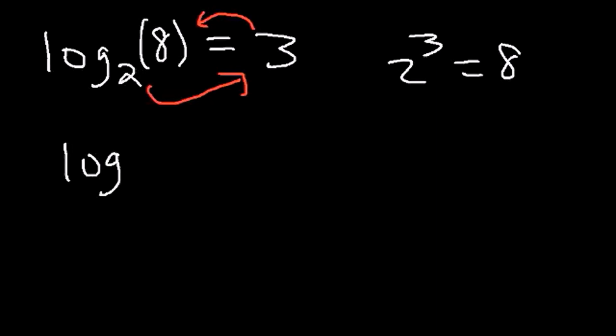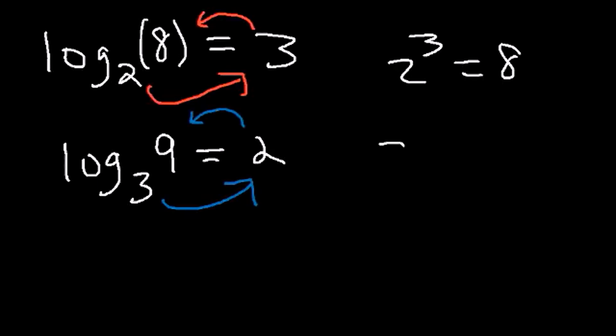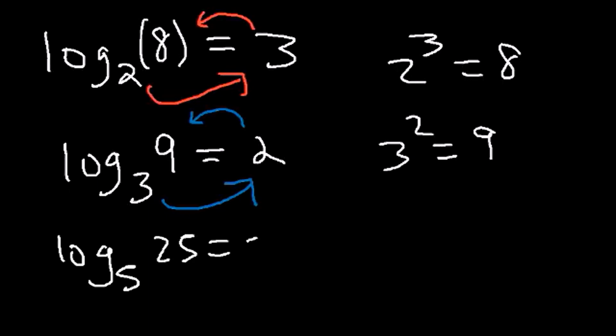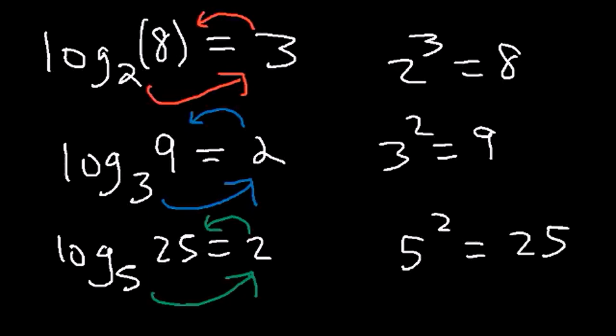Try this one. 3 to the second power is equal to 9. 5 squared is equal to 25. So that's a simple way in which you can convert a log expression into exponential form.